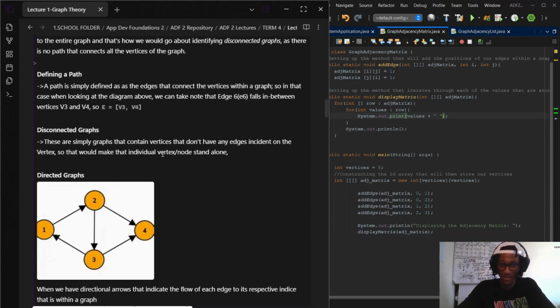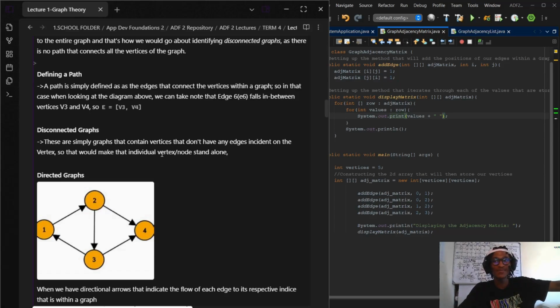And then disconnected graphs are what I was saying. When we have a vertex that is standing alone and is not connected to the rest of the graph, that would be a disconnected graph, because there's no path that connects the entirety of the graph. You can't traverse all the points and go back to point A, because it's disconnected.